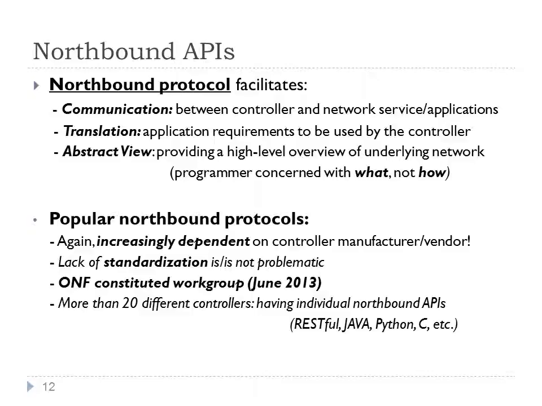Although the ONF or the Open Networking Foundation constituted a working group to standardize the northbound API in June of 2013, at the time of writing there are more than 20 different controllers from multiple manufacturers, each one of them having individual northbound APIs such as RESTful, Java, Python, C, etc., depending on the language that the controller has been developed in. So there is no standardization at this level for the northbound API.